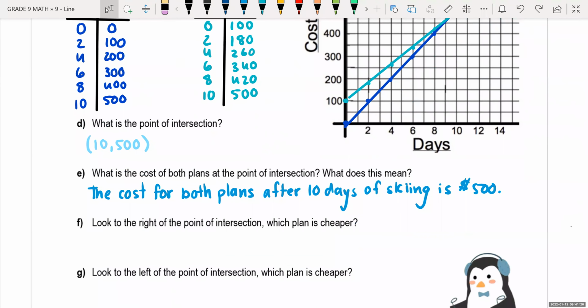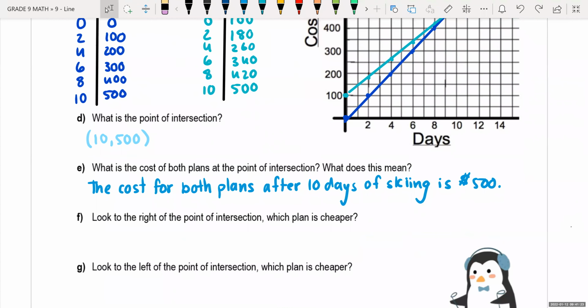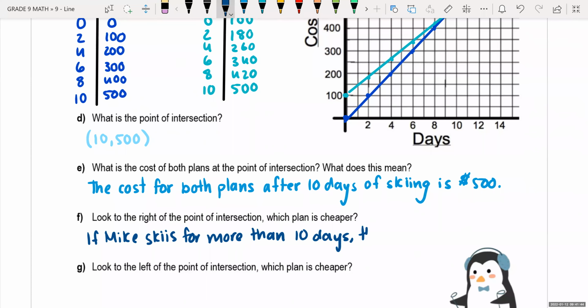So to the right, we're going to say, if Mike skis for more than 10 days, the frequent extremist plan is cheaper.